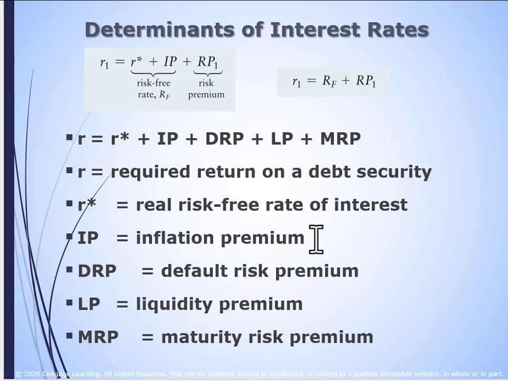So what are those risk premiums? The typical ones we talk about are default risk, the chance that the issuer will not pay, liquidity premium. This has to do with the ability to sell. How quickly can you sell that? And then maturity risk premium.